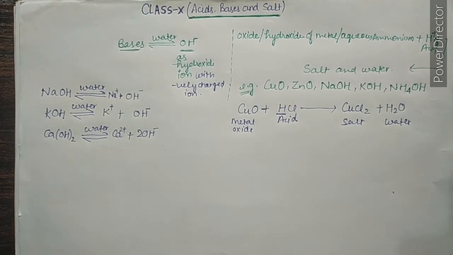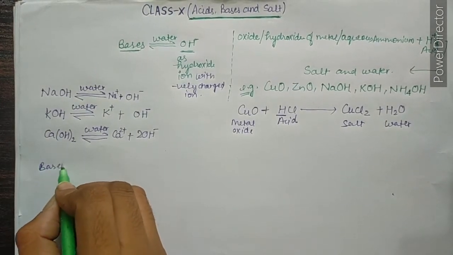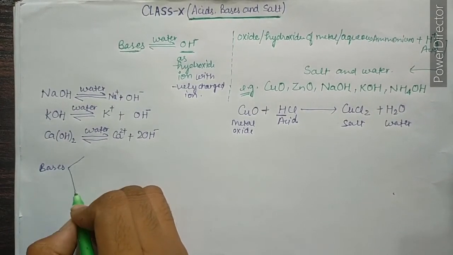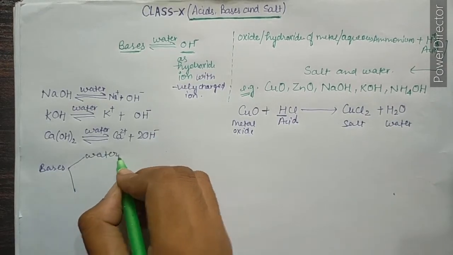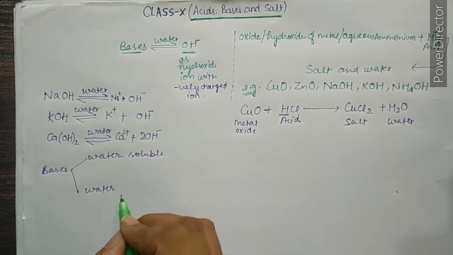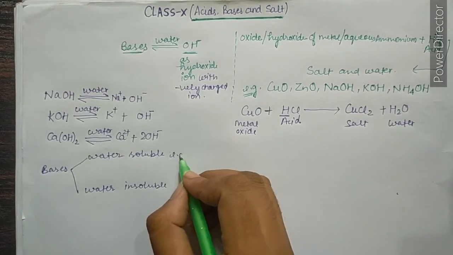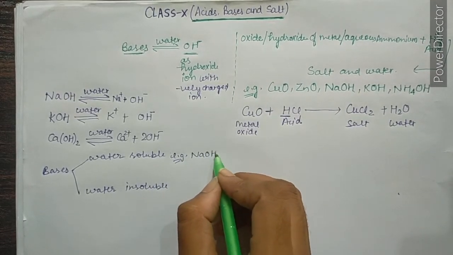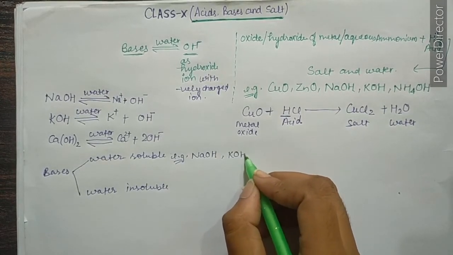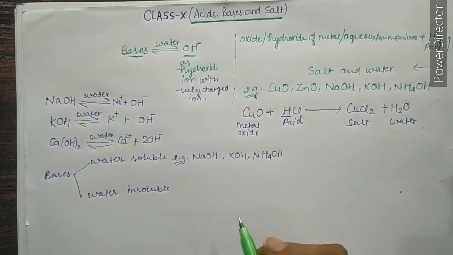Next, remember that some basic oxides are water insoluble and some basic hydroxides are water soluble. So based upon solubility, we can classify the bases into two categories. First one, water soluble. Next one, water insoluble. Water soluble examples: NaOH, sodium hydroxide; KOH, potassium hydroxide; NH4OH, ammonium hydroxide.